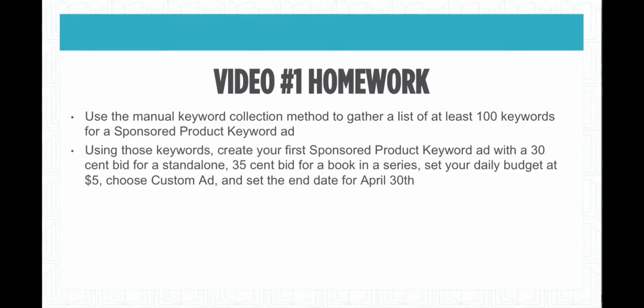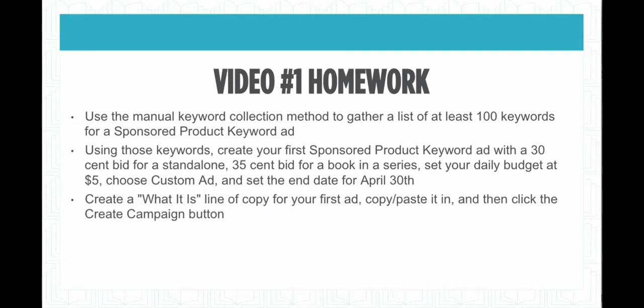I want you to use the process I shared. 30-cent bid for a standalone, 35-cent bid for a book in a series, daily budget $5. Custom ad, set the end date for April 30th. I want you to create a what-it-is line of copy. So this book is a thrilling book in this genre as part of this series.